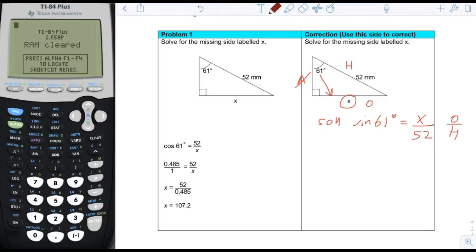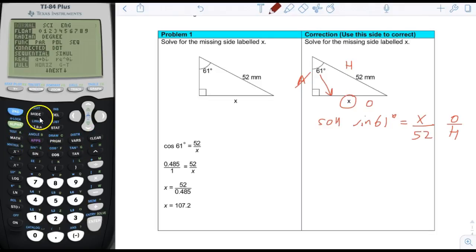And then I'm going to use my calculator, find sine of 61. Whenever you turn on your calculator, make sure you are in degree mode. Then I'm going to do a sine of 61 degrees.